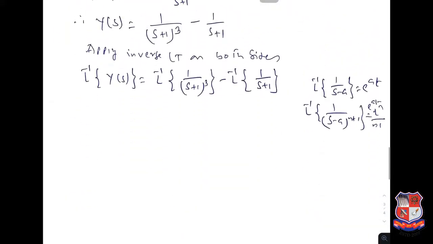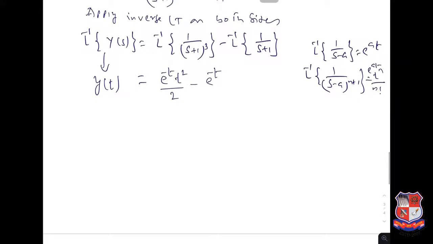So for (s plus 1) cube, this is e power minus t times t square upon 2 factorial, so that is 2, and minus the inverse Laplace transform of 1 over (s plus 1), which is e power minus t. That is the answer, and here you must write that the inverse Laplace transform of Y(s) is nothing but y of t.